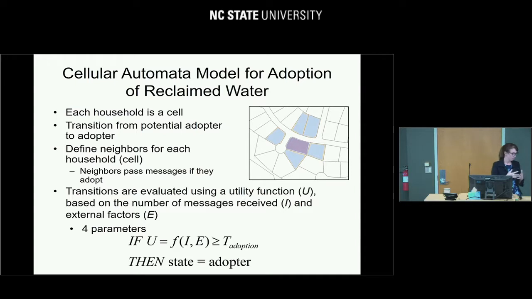Neighbors pass messages if they do adopt, and each time step represents a month, which would correspond to a water bill. And it's a fairly simple model where we have that internal factor, which is how many of my neighbors have adopted, and that external factor is represented as a random variable here. So if the sum of a utility function is greater than a threshold, then that cell becomes an adopter.